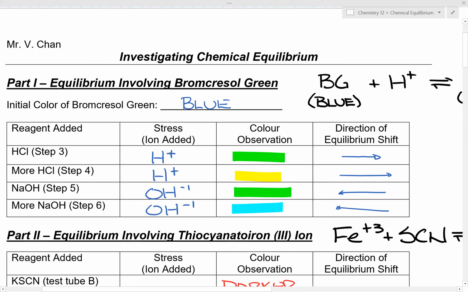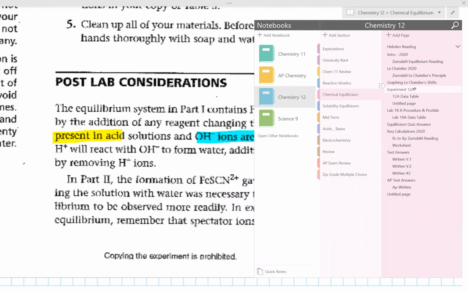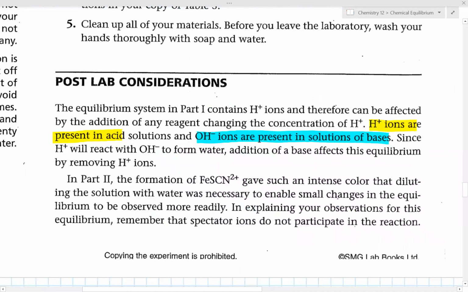In the last sentence of that paragraph, Kasea, can you read the last sentence of that paragraph again? And what does the OH- ions do?